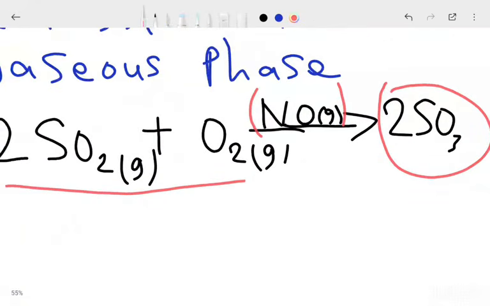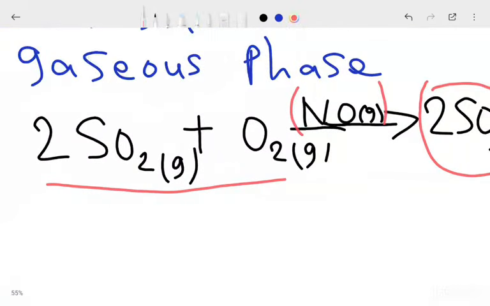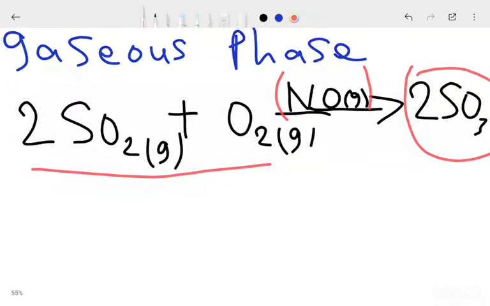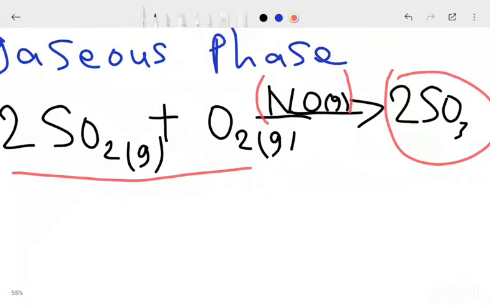So now look at it. To identify a homogeneous reaction or homogeneous catalysis, I said all the three components, the reactant, the catalyst and the product, must be in the same phase. Are you getting it?